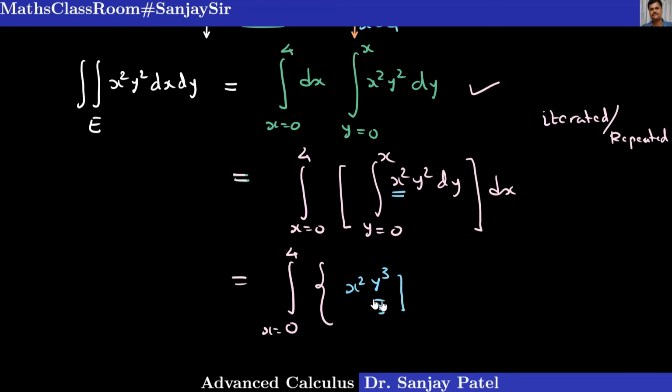Then we have to substitute the limits of integration for this result, y equal to 0 to y equal to x. These are the limits of y, remember. And whatever result we get is to be again integrated with respect to x. Okay, fine.